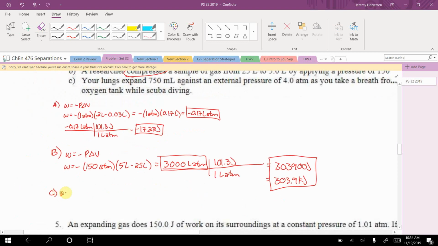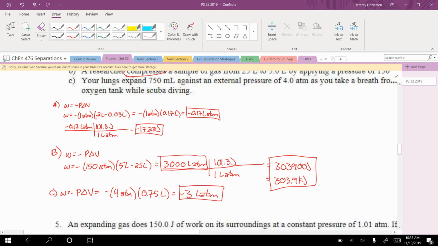Okay, so work equals negative P delta V. The pressure is 4 atmospheres. They don't give us the volume, but they do tell us it expands 750 milliliters. Expanding is going to be a positive change because the final is bigger than the initial. So this will be 0.75 liters, which gives me negative 3 liter atmospheres.